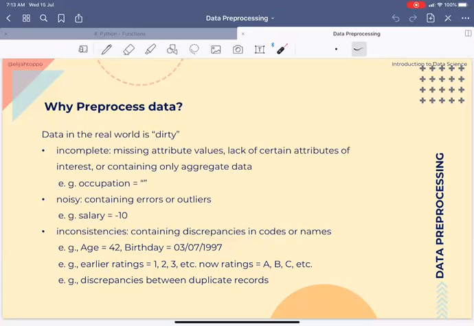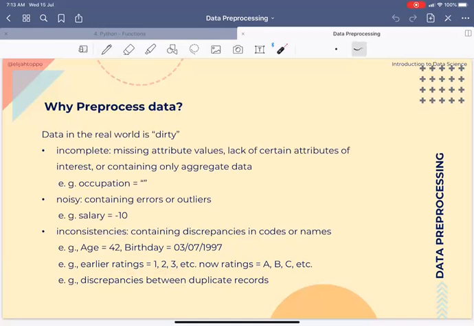You'll have to either normalize or ignore one of the data, or have some reasoning for giving preference to one or the other. It could also be that you're collecting ratings, and initially when the system started taking the survey, they were taking the ratings as 1, 2, 3, and so on.